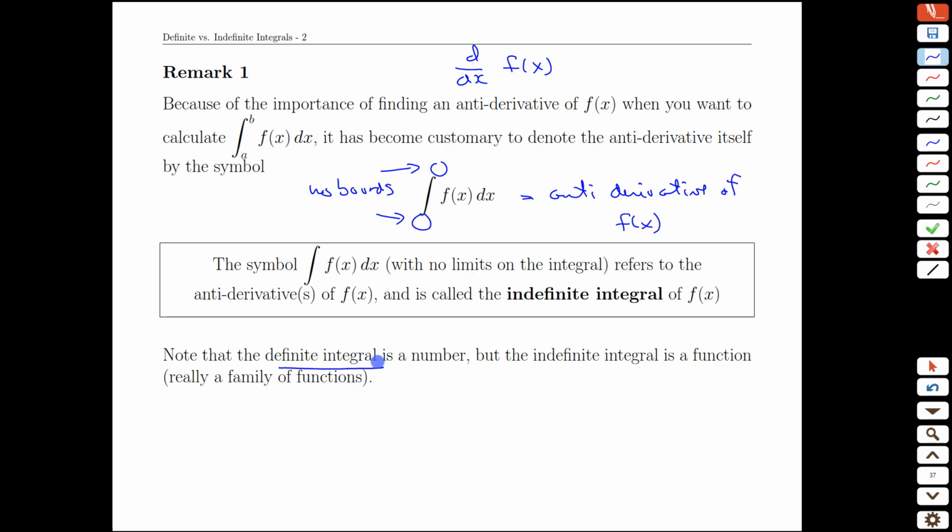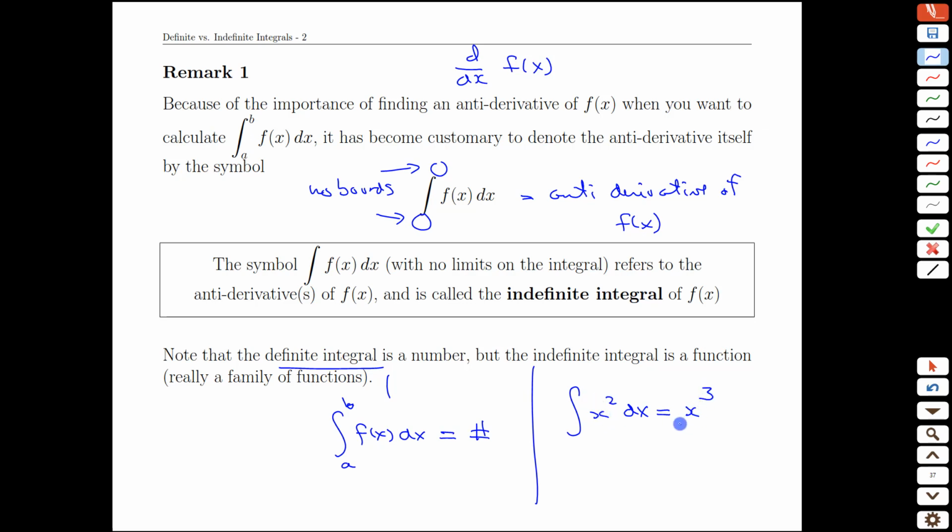An important note is the definite integral is a number. If you integrate from a to b some function, you're going to get 7 or 150 or 5. But the key thing is it's a number. Whereas if you integrate without any bounds, something like x squared, then we're going to find the antiderivative of x squared.